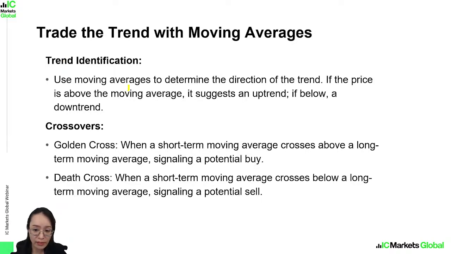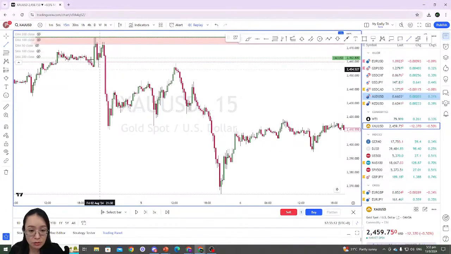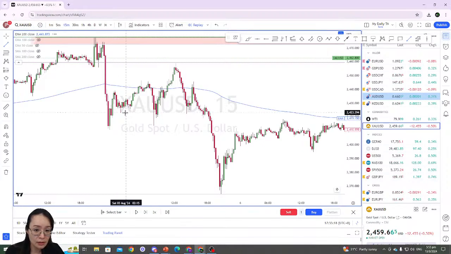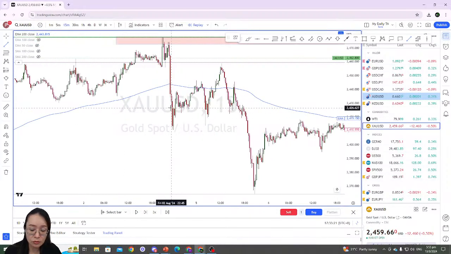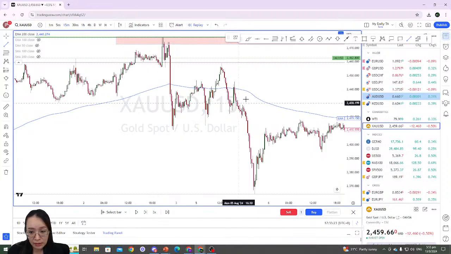We use the moving average to determine the direction of the trend. If the price is above the moving average, it's an uptrend; if below, it's a downtrend. If you want to use EMA, I recommend EMA or SMA 200 to identify the trend. Just use one, no need to use so many.